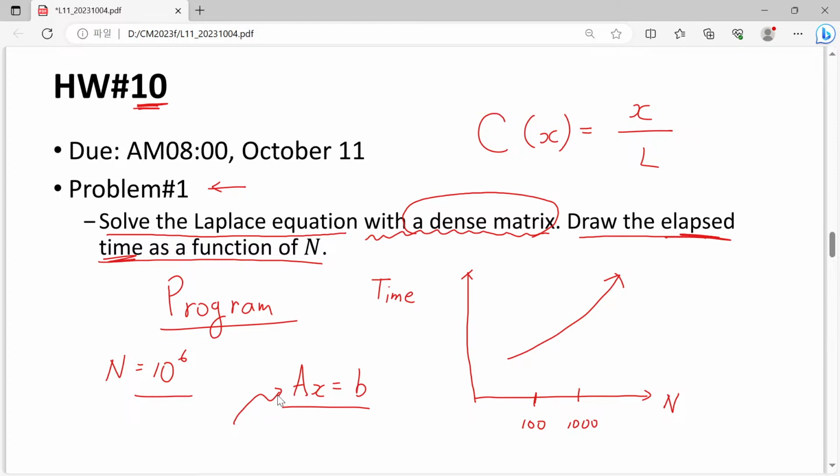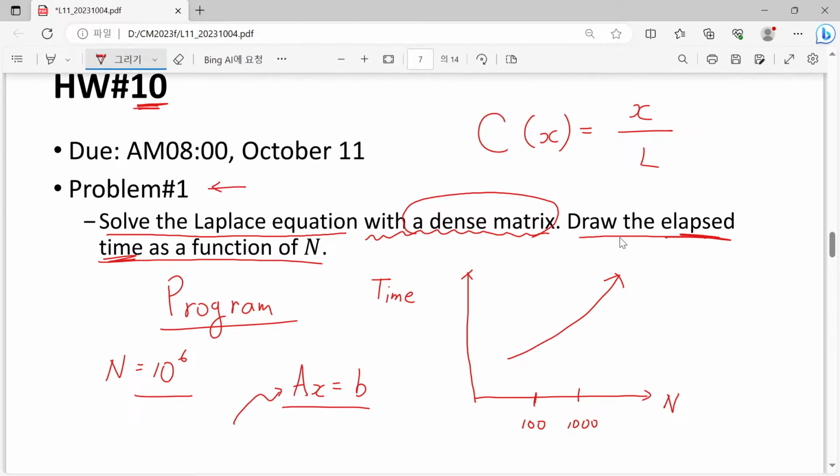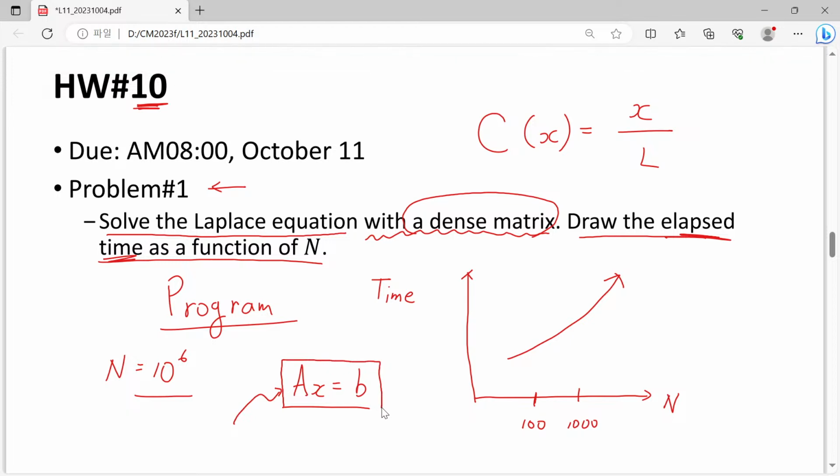So don't measure the time spent for constructing A and B. Just concentrate on this AX equal to B.